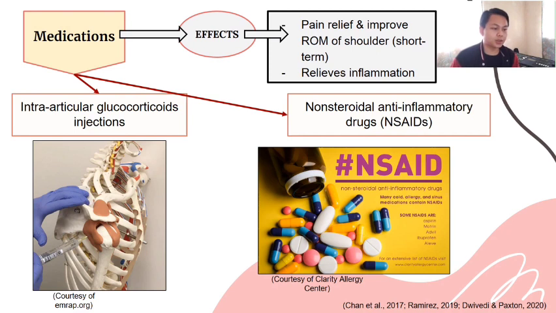Based on the first picture, we can see that the doctor will perform syringe injections towards the glenohumeral joint, which has lots of tendons and ligaments attached there. By doing this, it can cause the effect that I have just explained to occur on the affected site. On the second image, we can see drugs that doctors can give to the patients to treat their adhesive capsulitis by taking them orally.